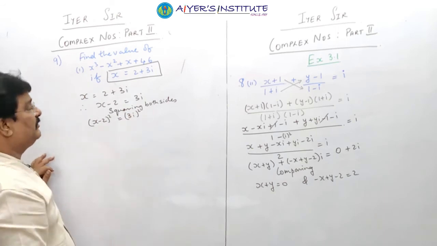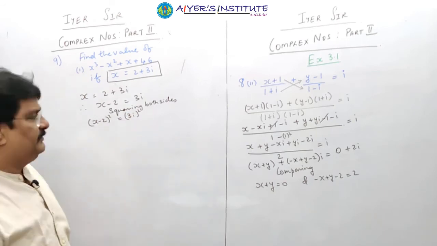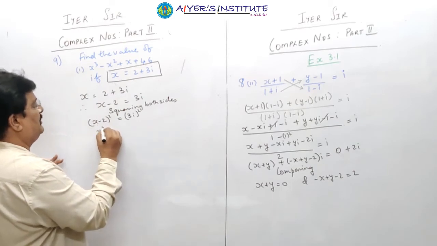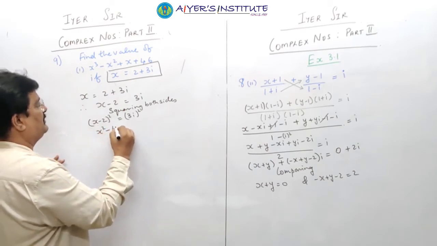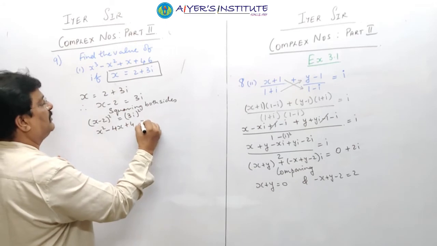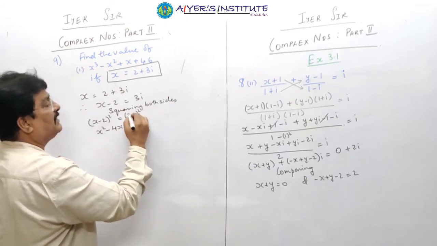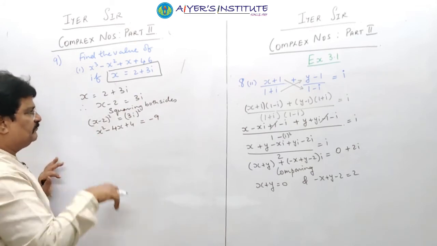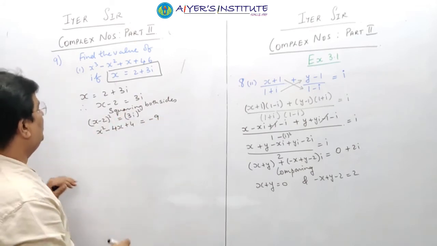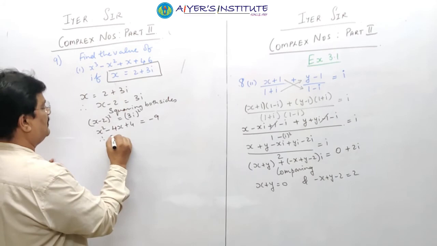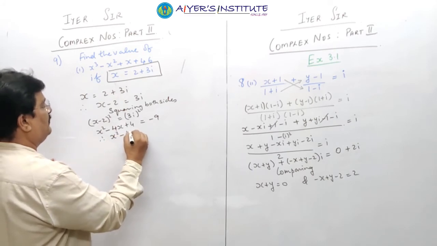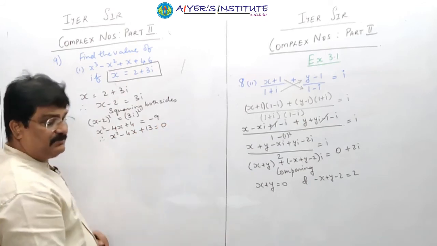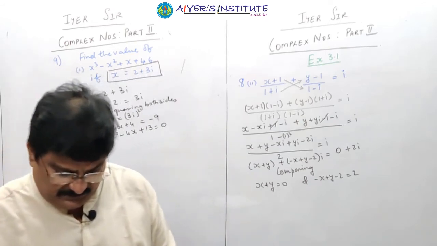The main reason why I am doing this is to eliminate i. So we get x square minus 4x plus 4 is equal to 3 i square, which is 9 i square, and i square is -1, so minus 9. So this 9 will come here. We get x square minus 4x plus 13 is equal to 0, because 9 plus 4 is 13.